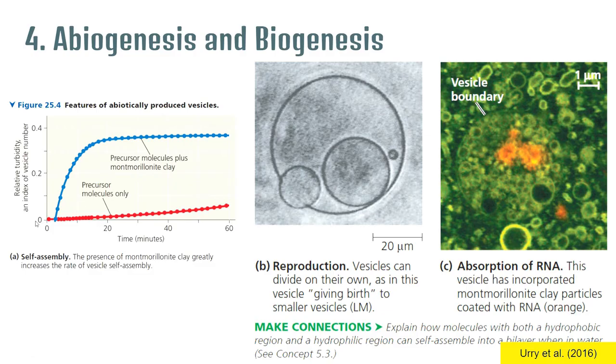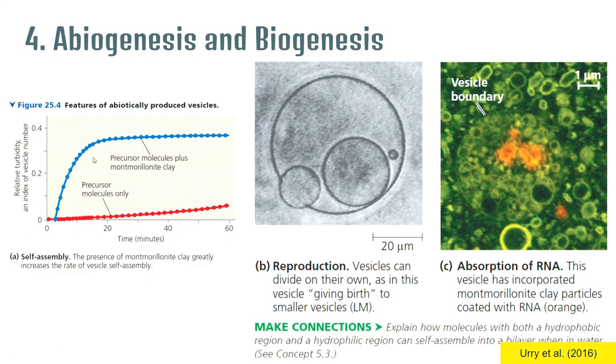They noticed that if these are all the molecules, non-living molecules, just molecular polymers, and they were introduced to the presence of montmorillonite clay, the rate of them forming their own vesicles increases over time, even if we're just talking here about minutes, since we are just looking at molecules.